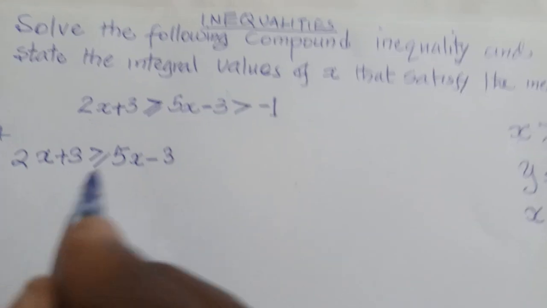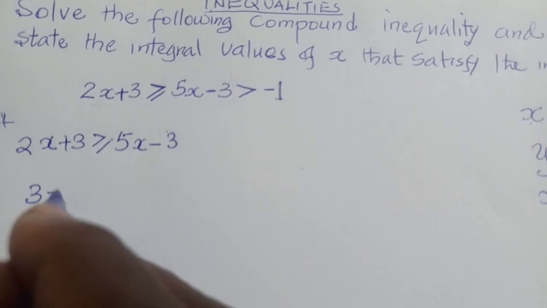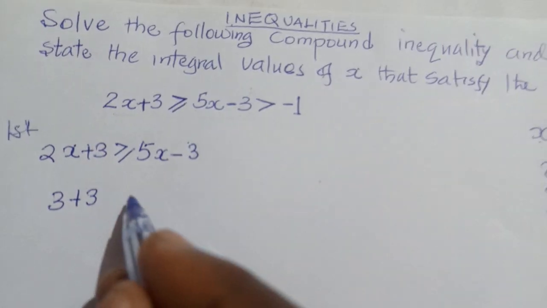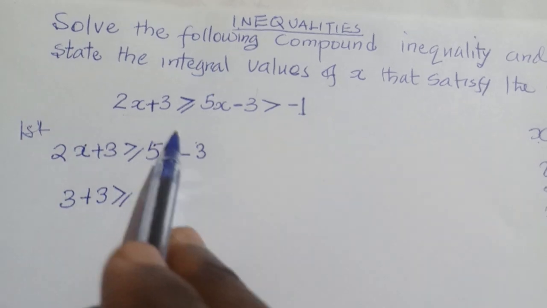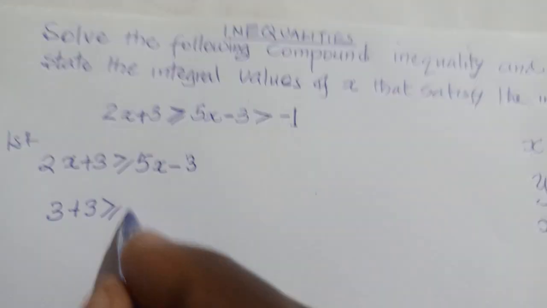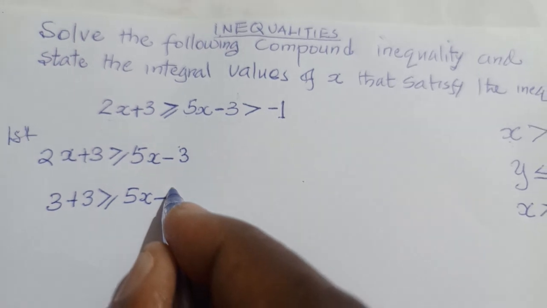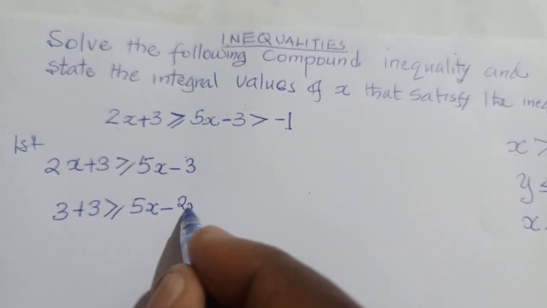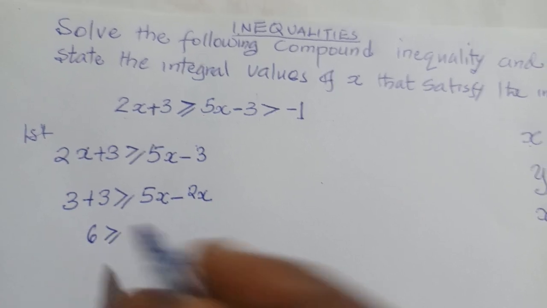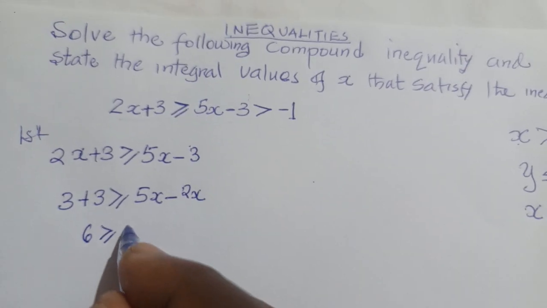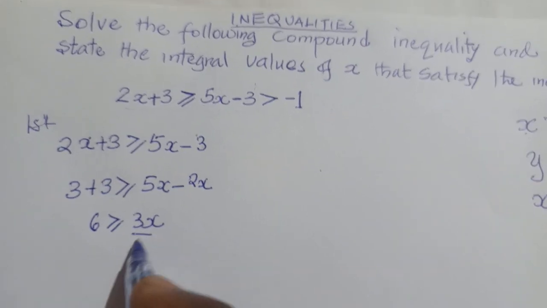So in this case, if I bring this 3 to the other side, we'll have now 3 plus the 3 that is already there is greater than or equal to, and then I bring this 2x to the other side, you'll have 5x minus 2x. So what we have here is 6 is greater than or equal to 3x. Then we divide both sides by 3.